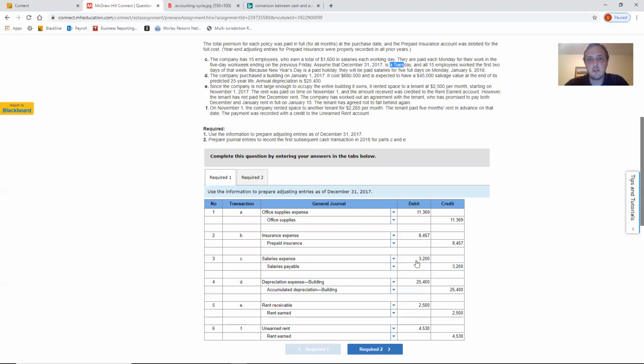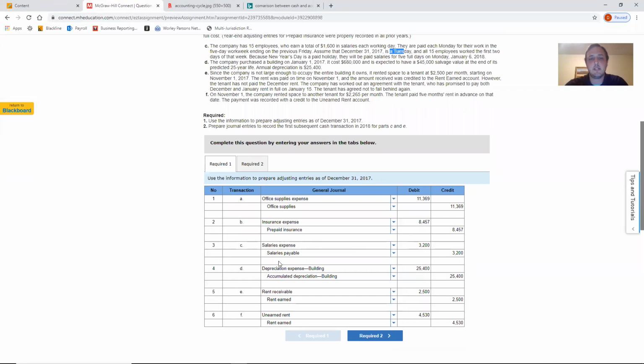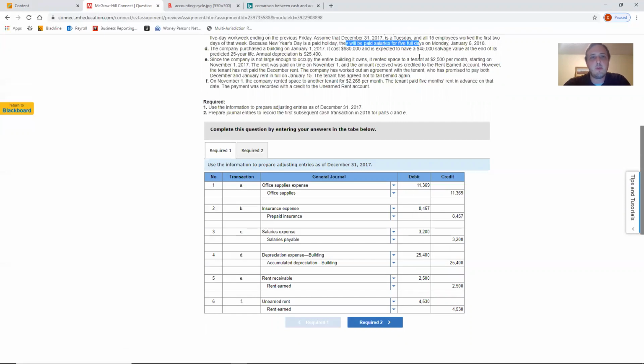Okay, so that's just 1,600 times 2. And again, you're increasing your expense, increasing your liability, because we have not paid these employees, but if the company was to end on December 31st, we still would owe them their last paycheck. All right, that's always something to be thinking about. If we ended today, what would happen?